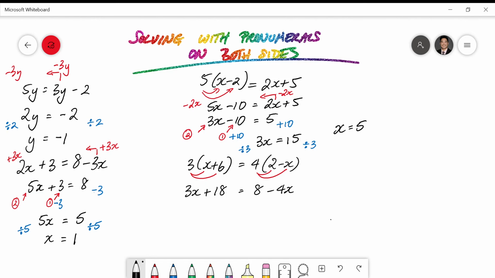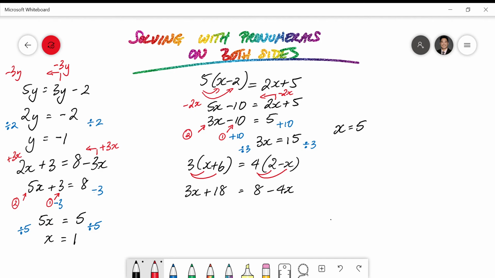So 3 times x is 3x, 3 times 6 is 18, 4 times 2 is 8, 4 times minus x is minus 4x. So we're back to this position where we unpack the boxes or the brackets, and we're going to move one pronumeral to one side, making sure it's all positive.